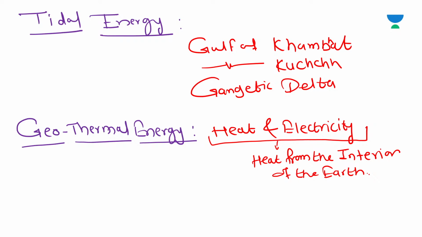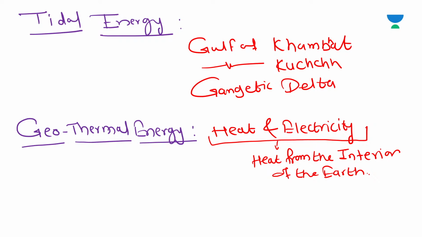So groundwater in such areas absorbs heat from the rocks and becomes hot. It is so hot that when it rises to the Earth's surface, it turns into steam. The steam is used to drive turbines and generate electricity.